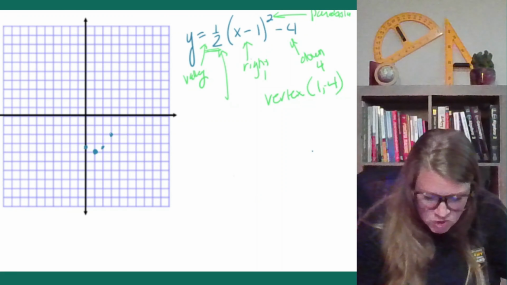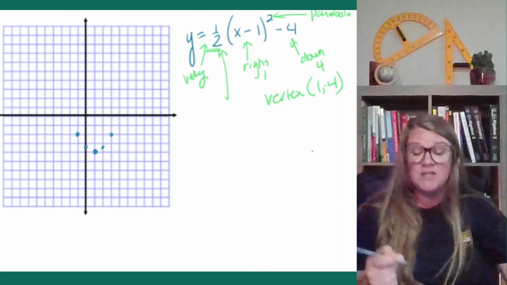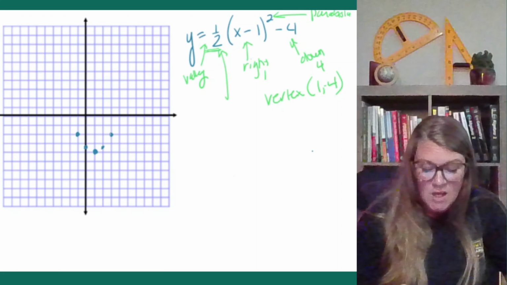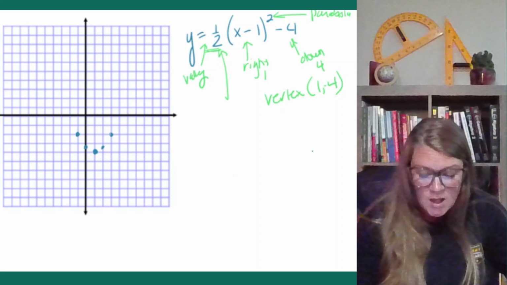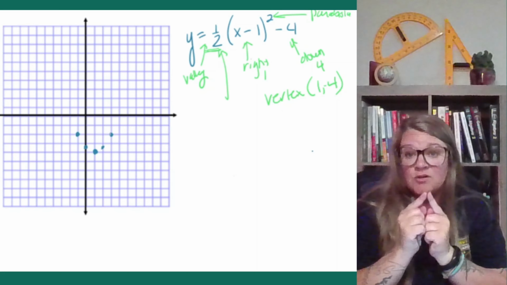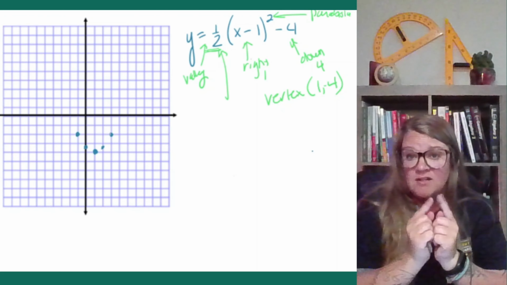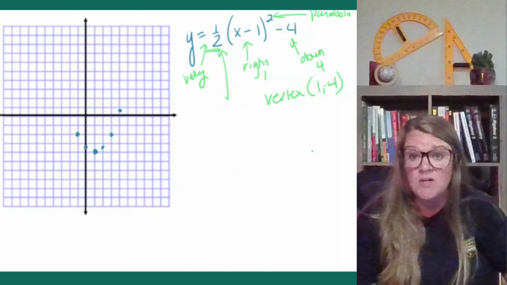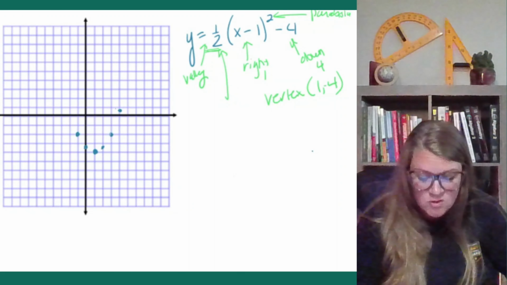And again, these should also make sense. It does make sense that these are going up at this speed. This is fatter than a normal size parabola. So this makes sense. We could do this one more time if we wanted. A normal size parabola goes over 3 and up 9. Now it's going to go over 3 and up half of that. So over 3 and up 4.5. Over 3 and up 1, 2, 3, 4, and then just another half of a box. And you can use symmetry if you want to also. If this point's on there, just go over in the other direction the exact same amount.